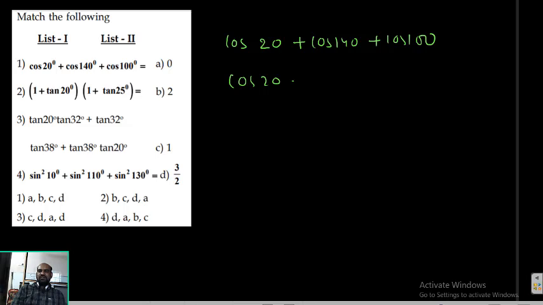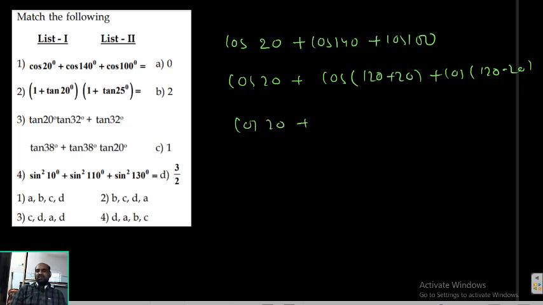Cos 20 plus this can be written as cos(120 plus 20) plus cos(120 minus 20). Cos(A plus B) plus cos(A minus B) is 2 cos A cos B, so 2 cos 120 into cos 20.